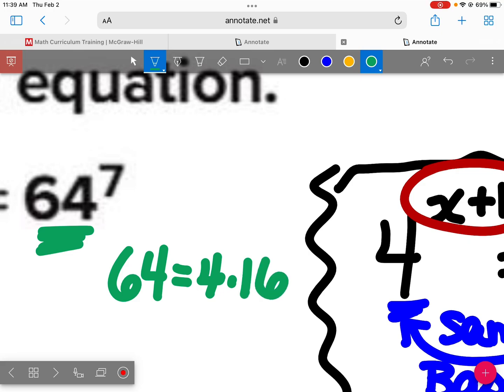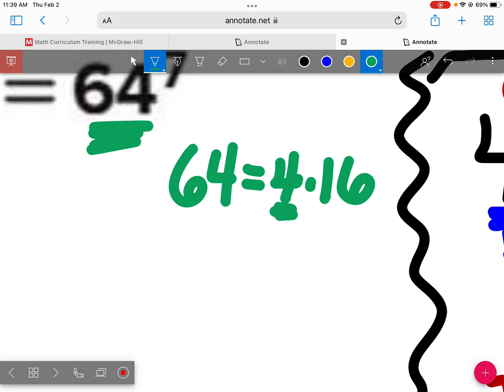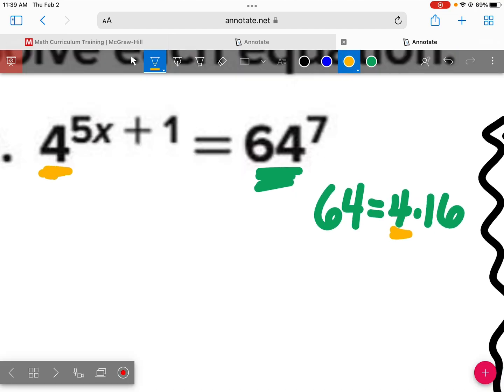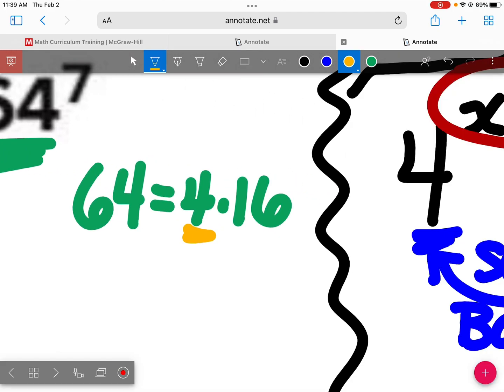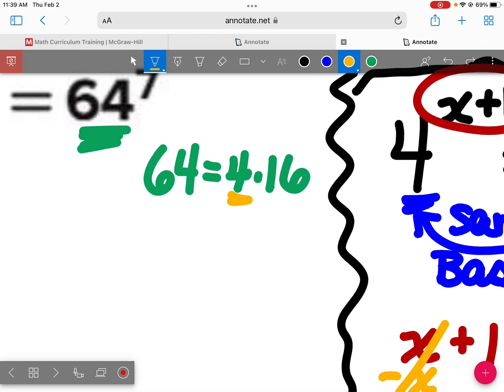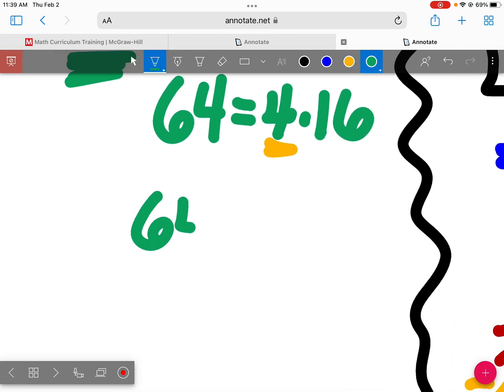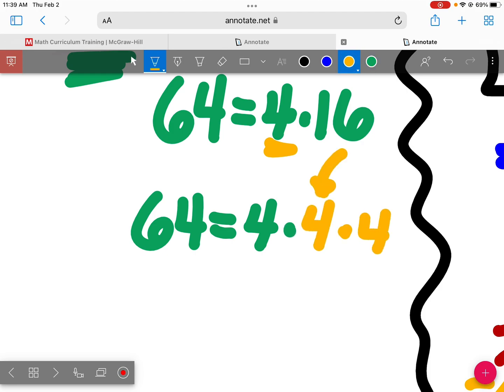on the right path because there's a 4 and there's a 4 right here, right? Can I break down this 16? 16 is what times what? So 64 equals 4 times 4 times 4.